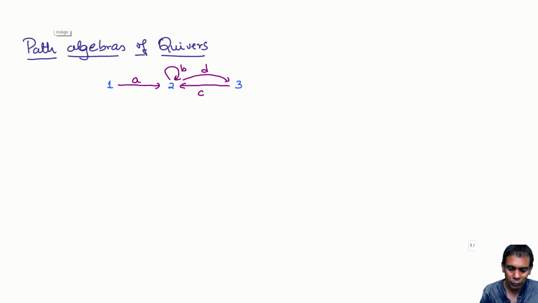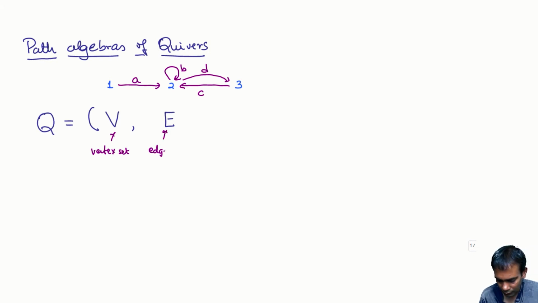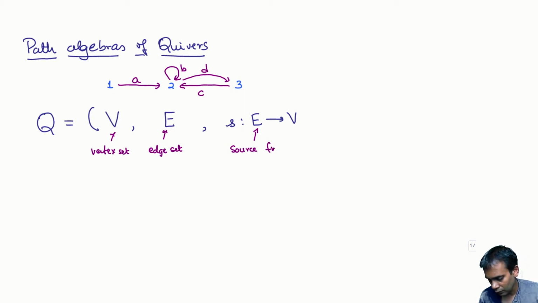Okay, so formally what is a quiver? Formally a quiver consists of 4 pieces of data: V, which is a vertex set, then E, which is an edge set, then there are 2 functions, the source function S from E to V, and finally T from E to V, called the target function.